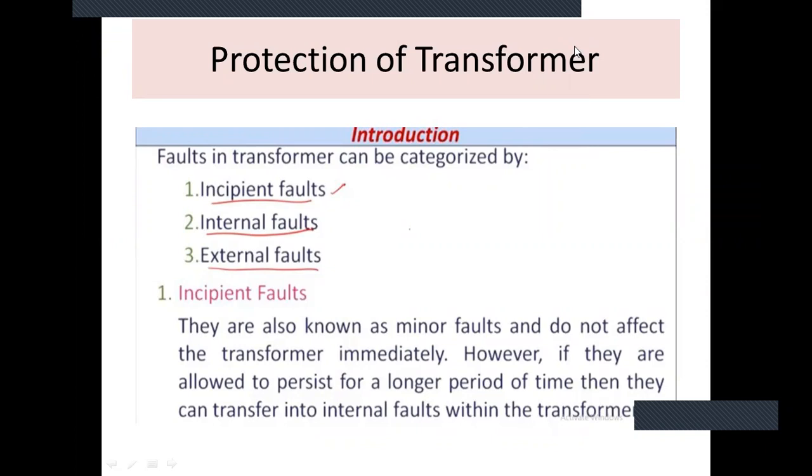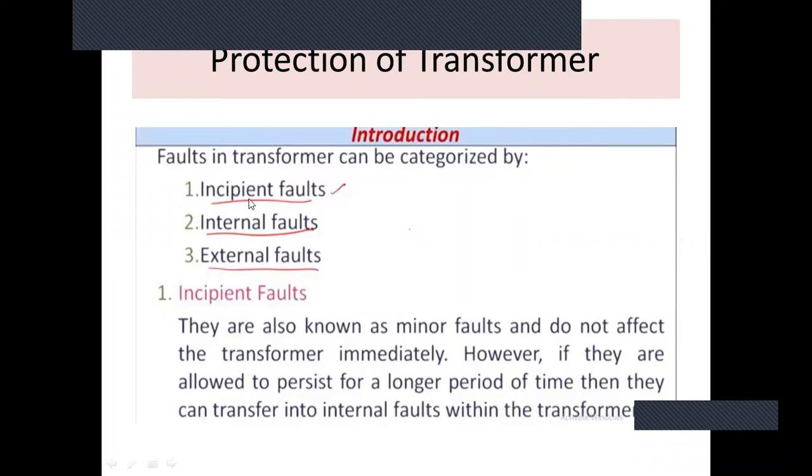Okay, so we know that faults are inevitable, and transformers are one of the equipment that are majorly used in the whole grid station. So they face different types of faults that may occur in the transformer. These faults are categorized, first, as incipient faults, also known as minor faults.